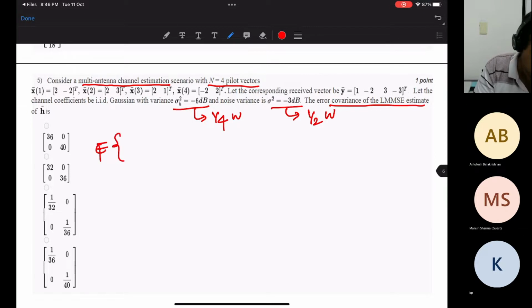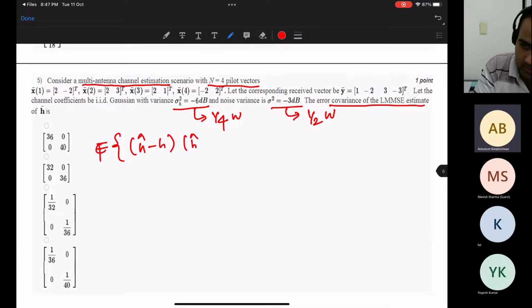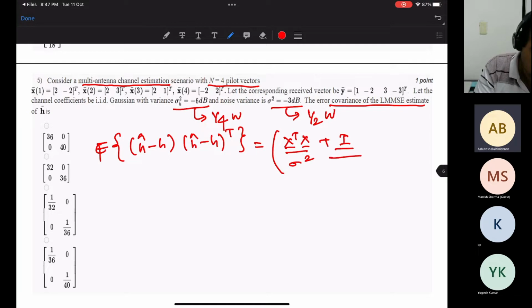So the error covariance is given as the expectation of (h hat minus h)(h hat minus h) transpose, and this expression is the inverse of x transpose x over sigma square plus I divided by sigma h square. This is the expression derived in the lectures, and we'll just plug in the formulas.